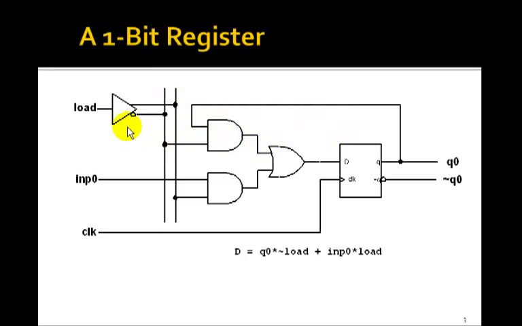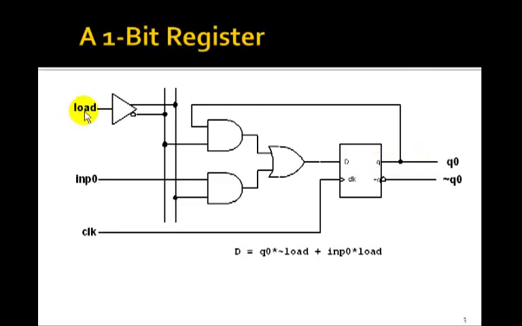This OR gate: if load is 0, load signal goes into this AND gate, which means the output of this AND gate is going to be 0 no matter what input 0 is. So 0 ORed with, in this case, Q0 means that Q0 sits at D. So that on every rising edge of the clock, the bit that's already stored in Q0 just gets stored again, and so it just stays there.